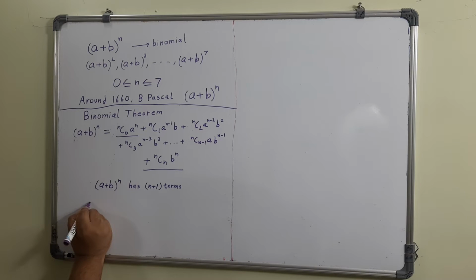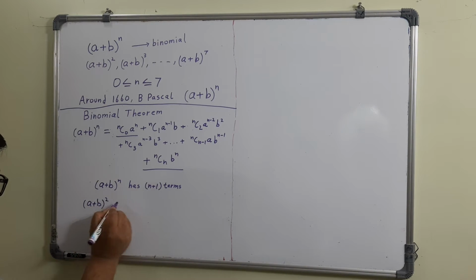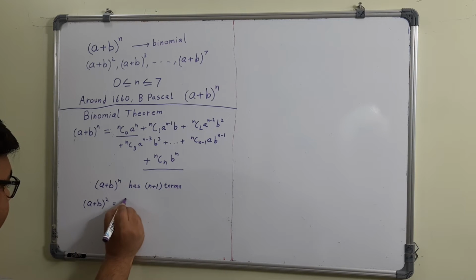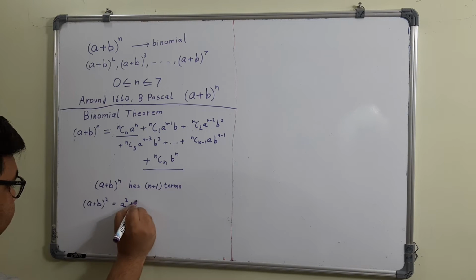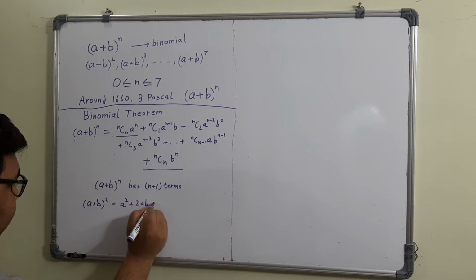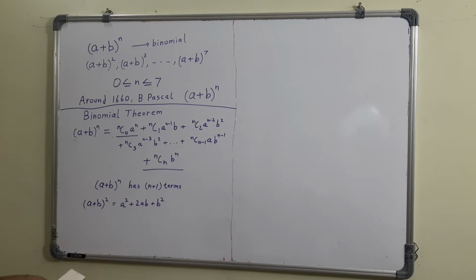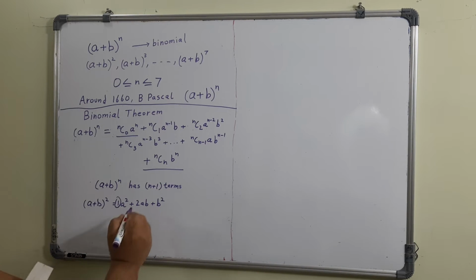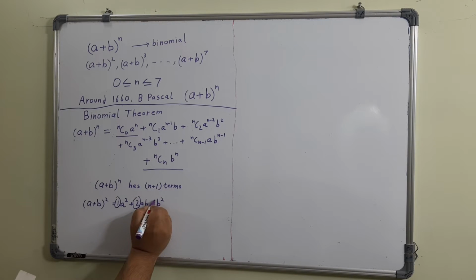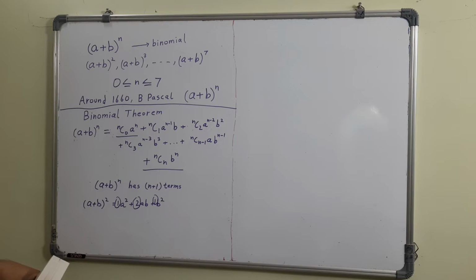For example, (a + b)^2 equals a squared plus 2ab plus b squared. Here we see that the coefficients are 1, 2, and 1.